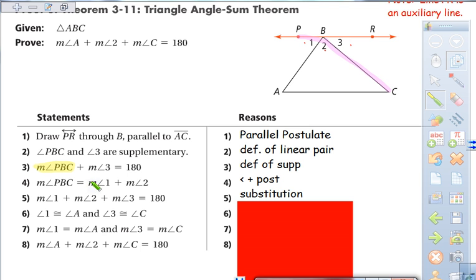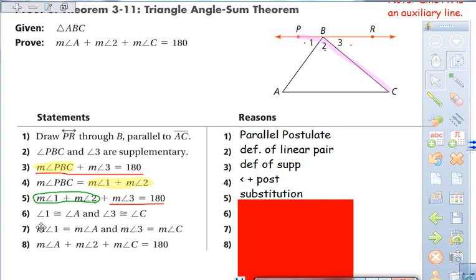But PBC is really 1 plus 2. So from step 3 to step 5, the red part is staying the same, and then we're going to substitute in this yellow for this yellow here. The green substituted in for the yellow because they are the same. So that's how we end up with substitution on that step.